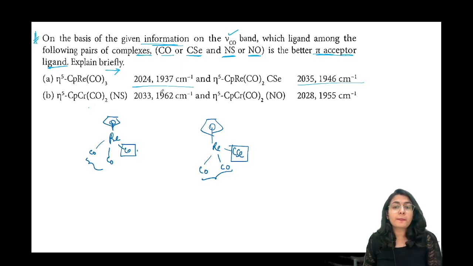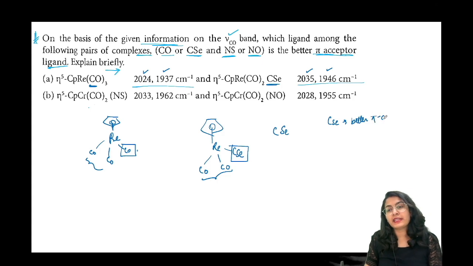So what do you have? For all carbonyls, the value is a little bit lower, as compared to when we are having CSe, the value is a little bit higher. What do you mean by that? Why has its value become high? Because selenocarbonyl is maybe a better pi acceptor.